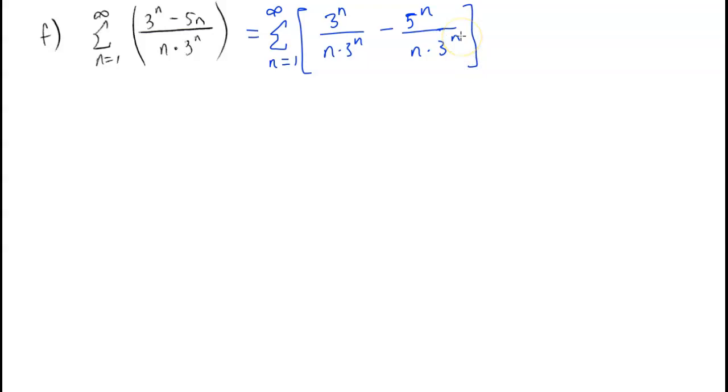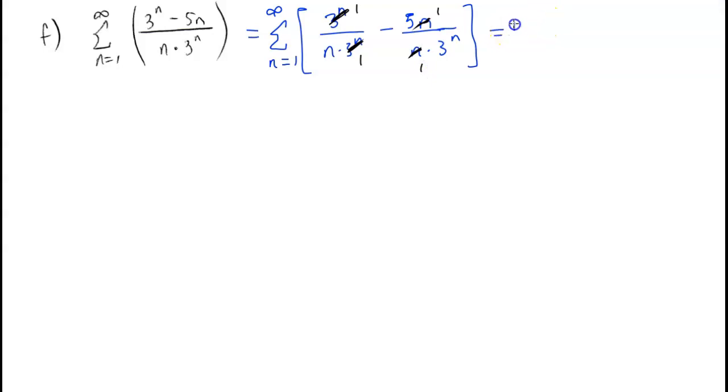If I do some simplification here, I know that this will reduce to 1. And here, oh, that's 5. Yep, I wrote that wrong, so let me fix that. This should be 5 times n. So this should also reduce as well.